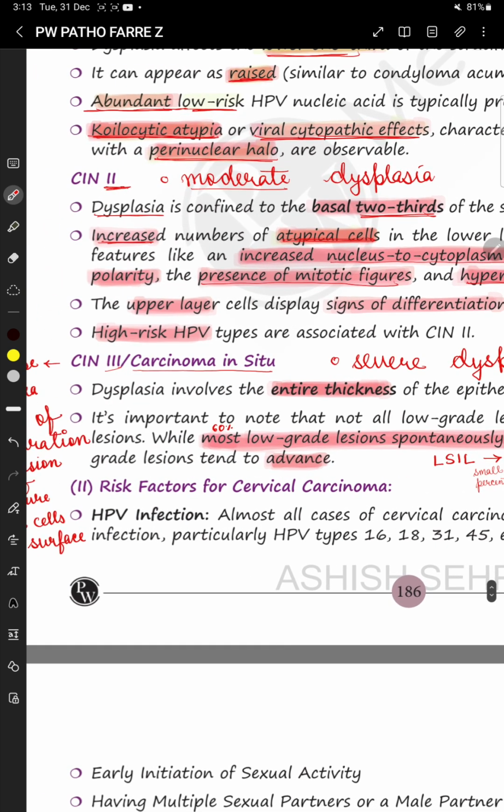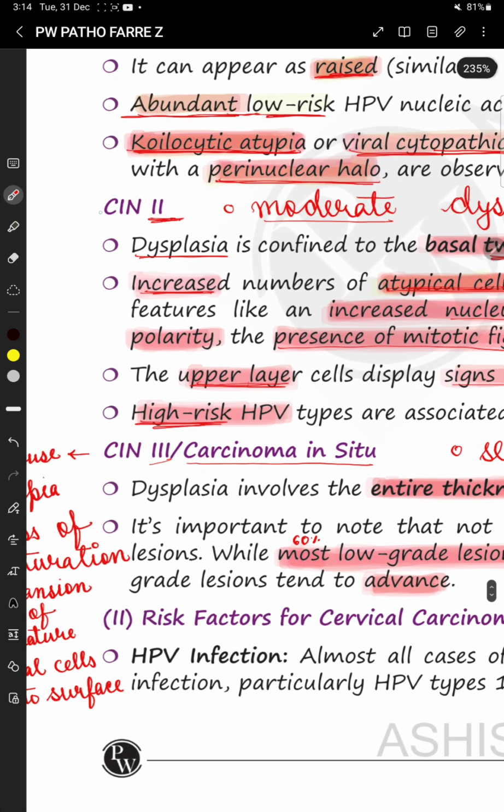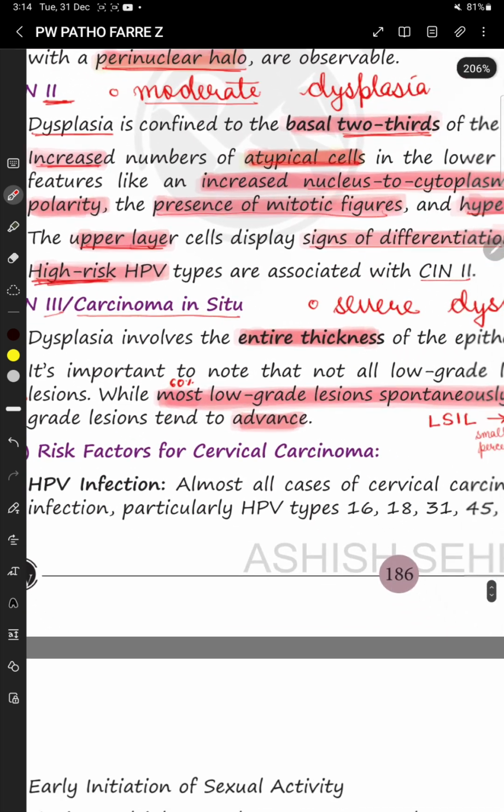But the upper layer will have signs of differentiation. And high risk HPV types are associated with CIN2. CIN2 is a high grade squamous intraepithelial lesion. So the high risk HPV are associated with CIN2.